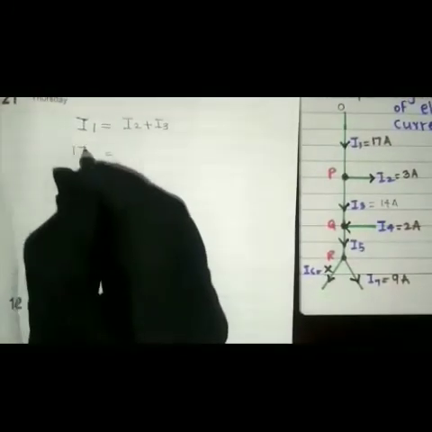You can simply write I1 is equal to I2 plus I3. I1 is given as 17, I2 is given as 3, so I3 you can easily determine: I3 is equal to 17 minus 3, that is 14 ampere.